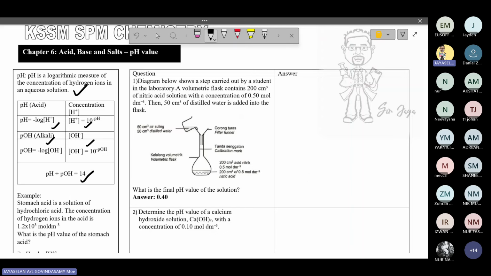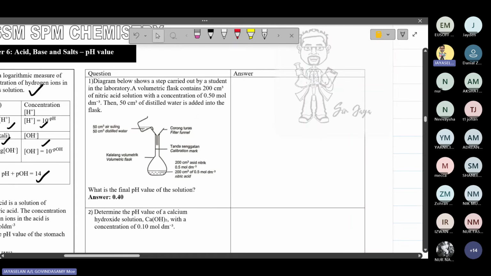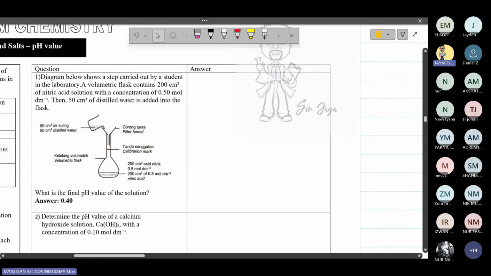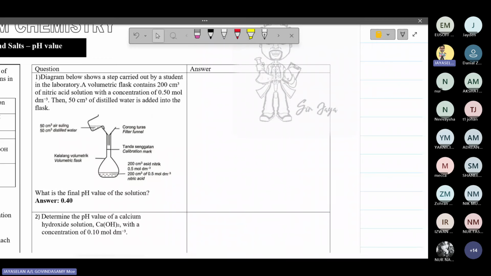Okay, we try to do one question. This question has two formulas you have to use. The diagram shows the steps carried out by a student: a volumetric flask containing 200 cm3 of nitric acid with a concentration of 0.5 mol dm negative 3. Then they add distilled water.